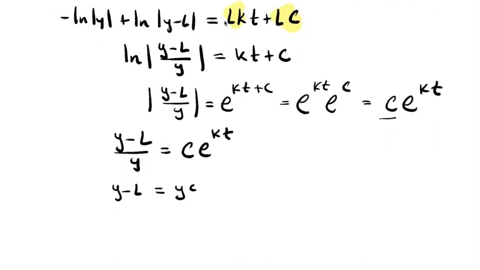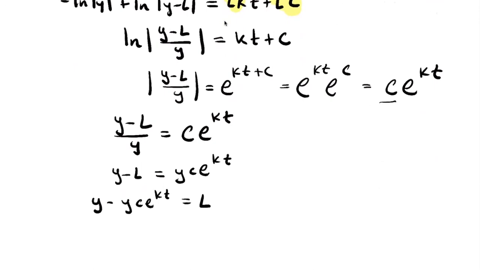I'm going to multiply both sides by y. Then I'm going to put my y terms on one side, non-y terms on the other, factor out y. Oops. It's y times the quantity 1 minus c times e to the kt.